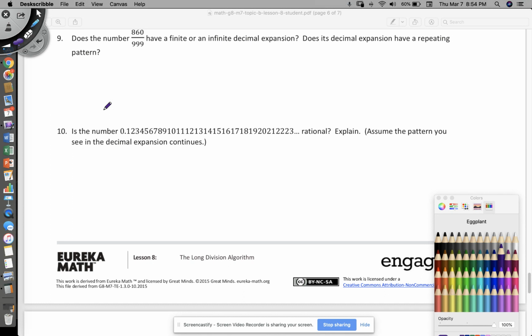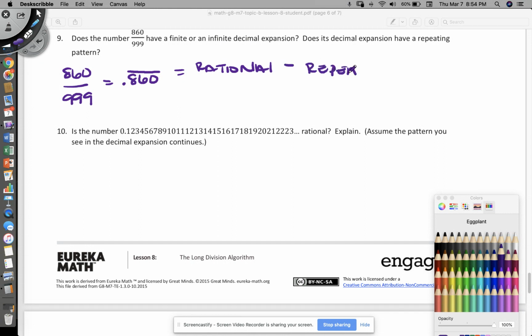So in this case, we're going to write that 860 over 999 comes out to 0.860 repeating, and all 3 of those numbers repeat, therefore making it rational because it has that repeating pattern.